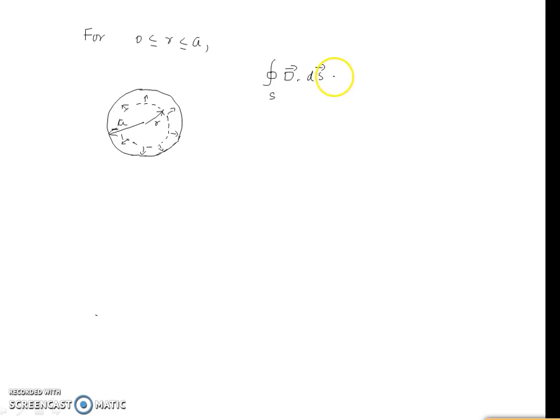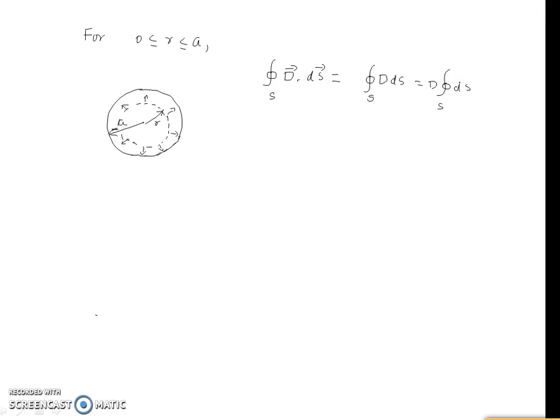So flux emerging from the Gaussian surface of radius r is given by, because D is normal to the surface, dot product of D and dS will be D into dS, and also at all points of this Gaussian surface, D is having same value, so D can be taken out.